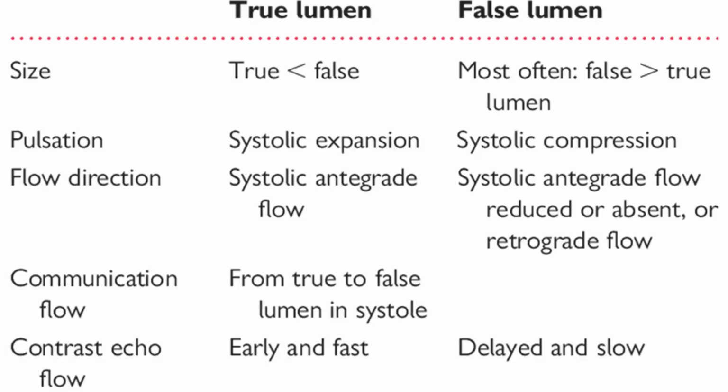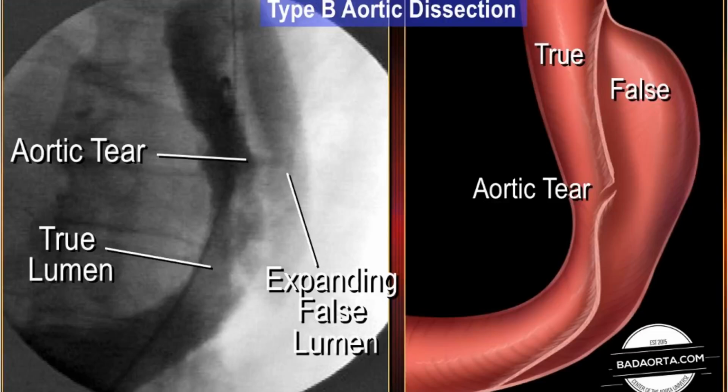Because the outer wall of the false lumen is thinned, it expands to generate the necessary wall tension to accommodate aortic pressure. The true lumen collapses as a result of the pressure differential between the true and false lumens and may be exacerbated by the intrinsic recoil of the muscular elements within the dissection flap.